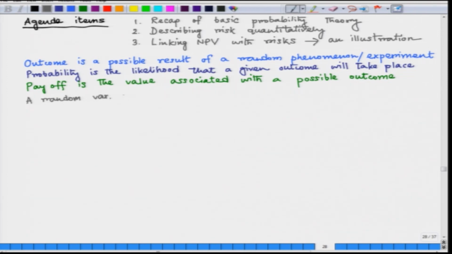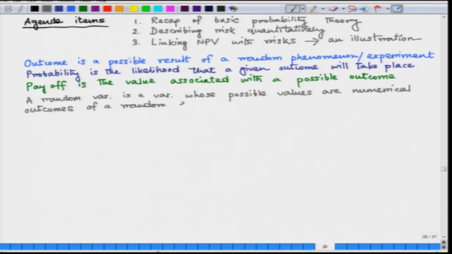So, a random variable is a variable whose possible values are numerical outcomes of a random experiment or phenomenon.